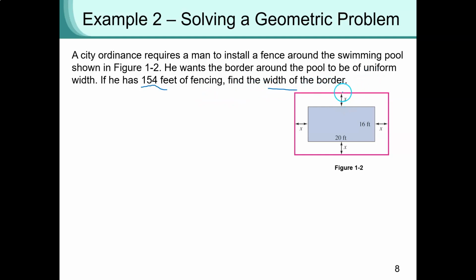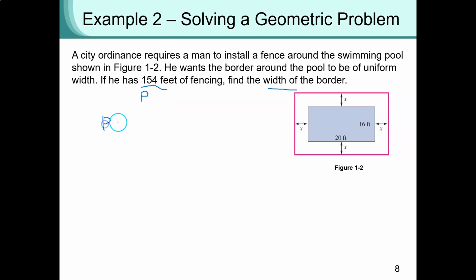So that means we need to find the x. The information we have from the question is 154, the total length of the fence, which is the perimeter.